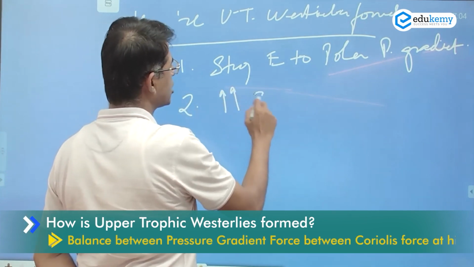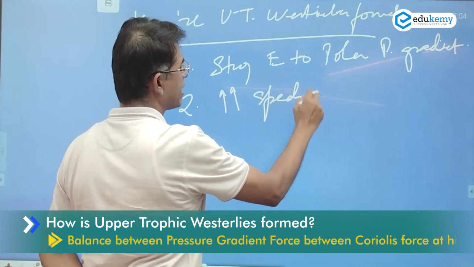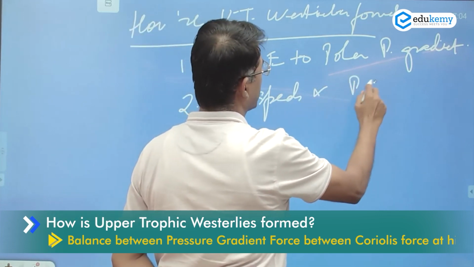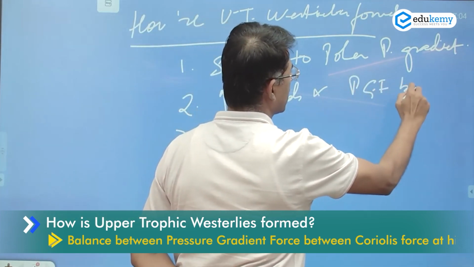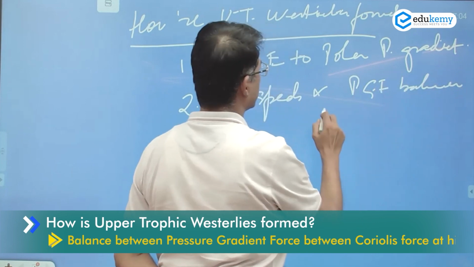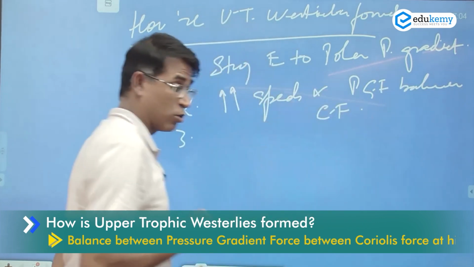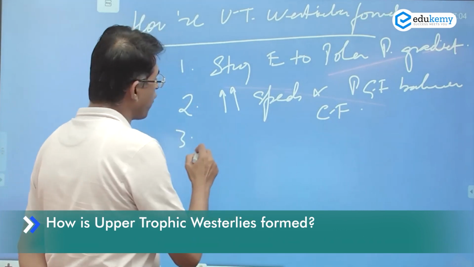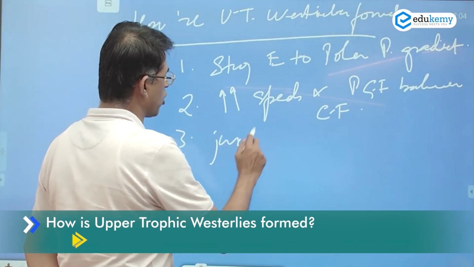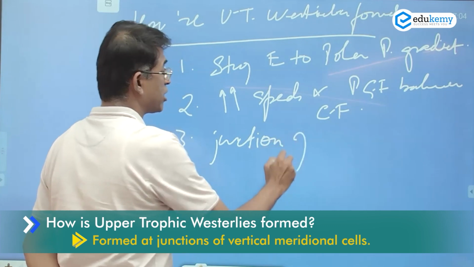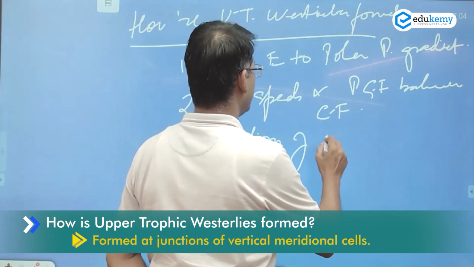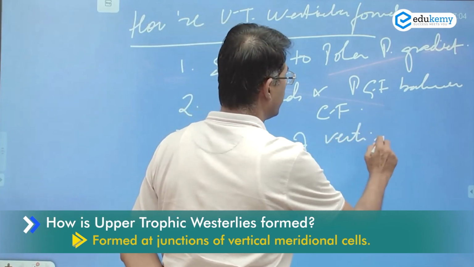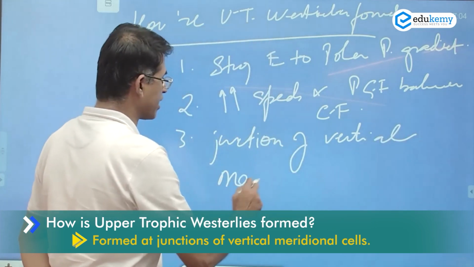Very high speeds, and the pressure gradient force balances the Coriolis force. You know this. Third, they are formed at the junctions of the vertical meridional cells.